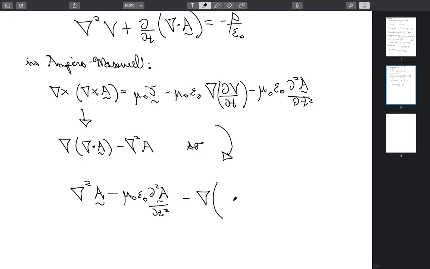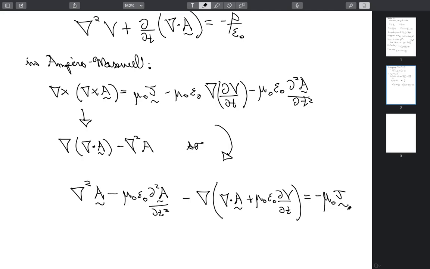So I had the divergence of A, and now this bit here, so plus mu 0 epsilon 0 dV/dt. This whole thing has to be equal to this thing, but now with an extra minus sign, just for convenience, mu 0 j.